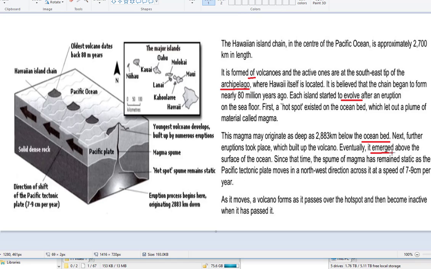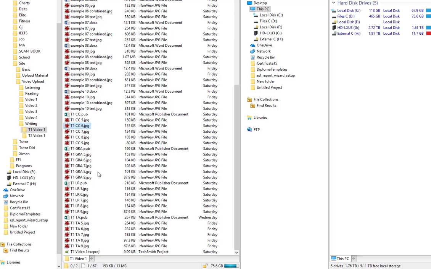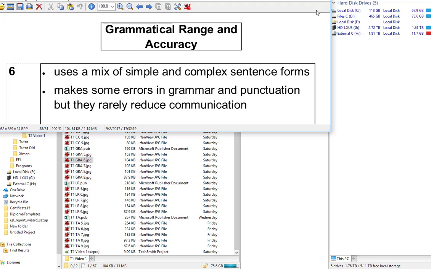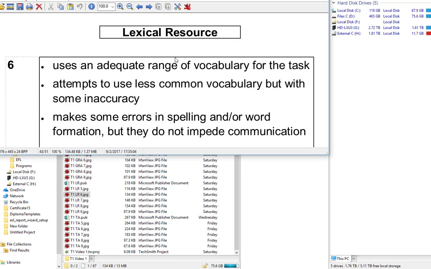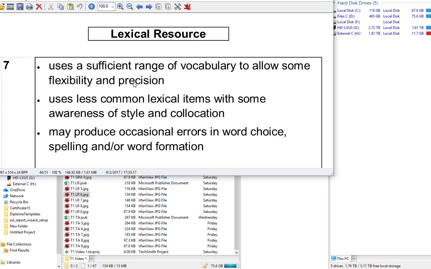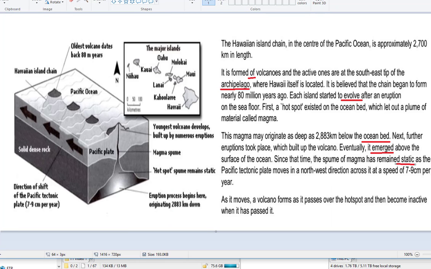Okay, so emerge is good. Static, good word to use. Active. I just think this is true here. Okay, so vocabulary, quite strong. Let's see, 6. Sorry, this is vocabulary. Some inaccuracies, well, only one really. Yeah, just an occasional error. So possibly 7 for vocabulary. That was quite good. Let's have a look at the grammar that's used.